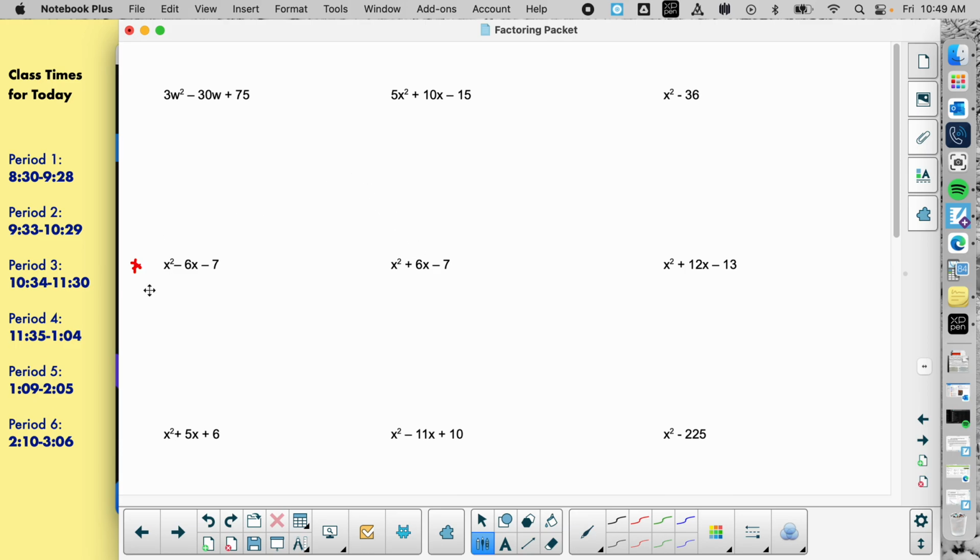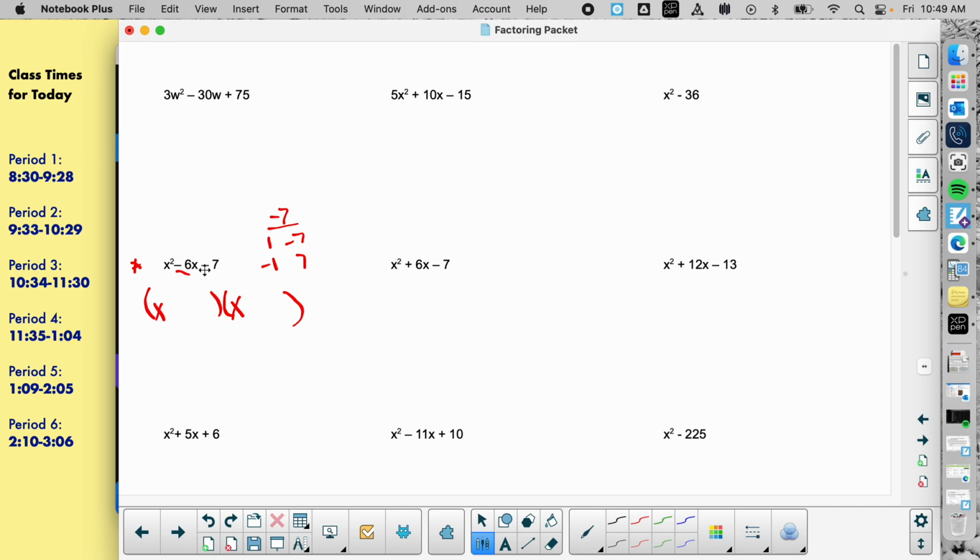Do you think you kind of understood that quick method already or not? So we're going to look for what two numbers multiply to -7, and I can write it down. Then one of them has to be negative. We want them to add up to -6, so the negative would go on the 7.